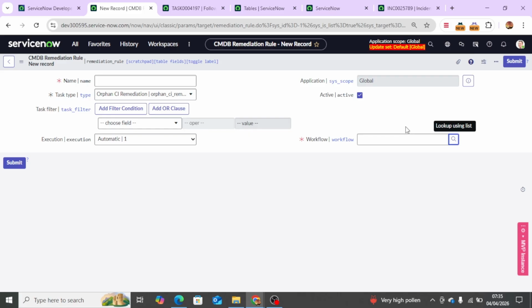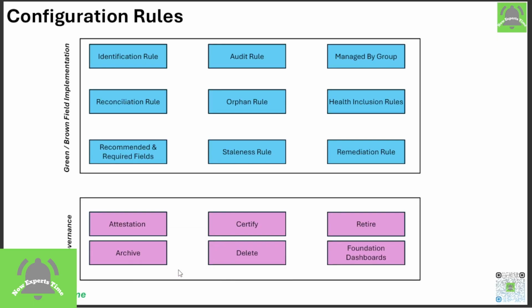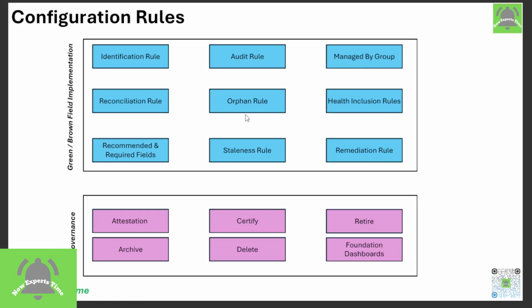It will run automatically without any manual intervention and resolve your problem in the system. This is the way it runs in the remediation rules. Remediation rules are a major part, but this remediation rule is a custom remediation, you need to define the flow. These 9 items are applicable for your greenfield, brownfield, and existing system as well.